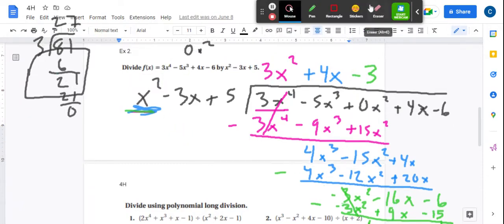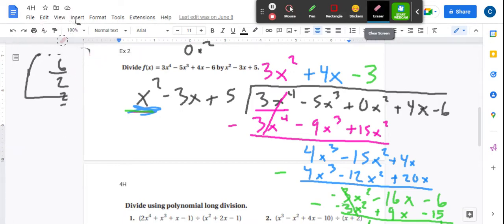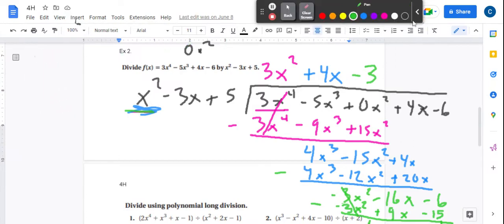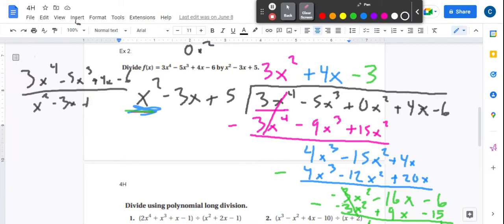So what happens here is this. I'm going to pull it off to the side. So if we're dividing 3x to the fourth minus 5x cubed plus 4x minus 6 all over x squared minus 3x plus 5, that's our thing that we're dividing.